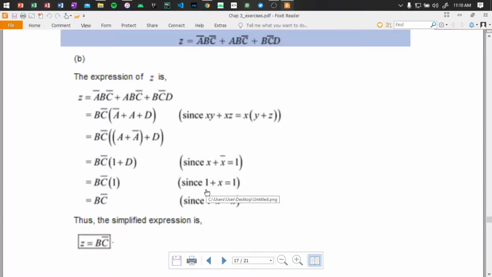So we have to choose B and C prime because we have all of them. So it is A prime plus A plus D. And we have to use it now. We do it directly here. 1 plus D. Yes, this is easy. 1 plus D gives us directly C prime.